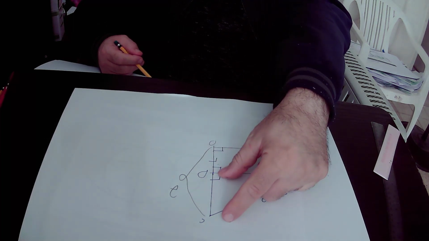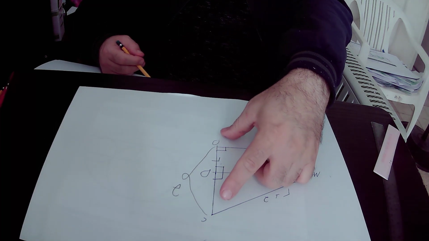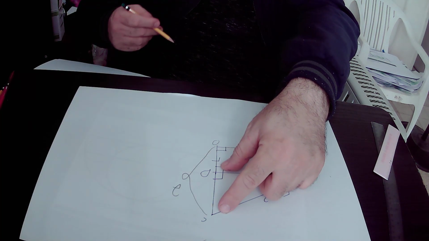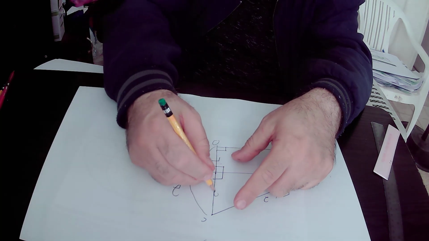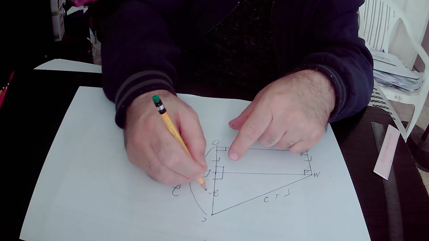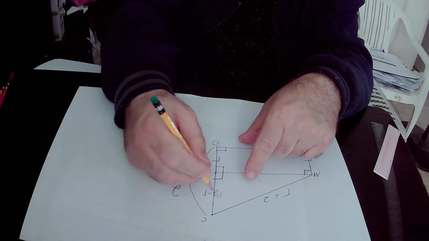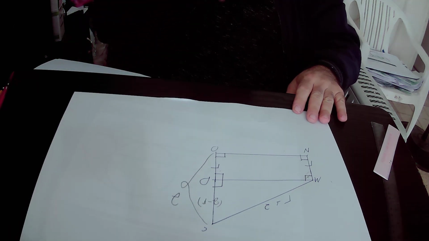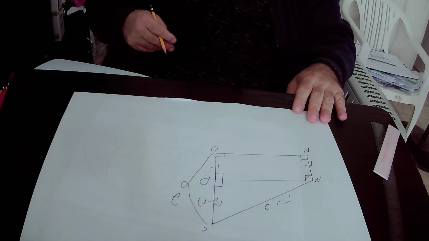Again, CD equals CO minus OD. That is to say, CD equals CO, that is 2 units, minus OD, that is R. So in total, CD equals 2 minus R.